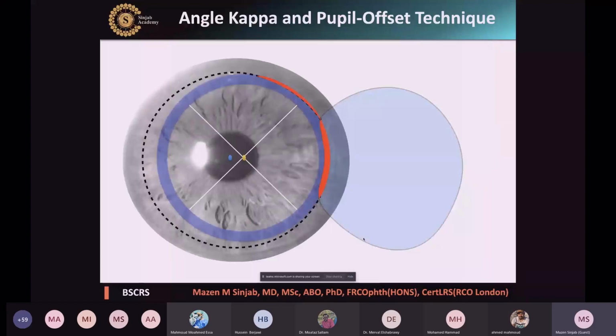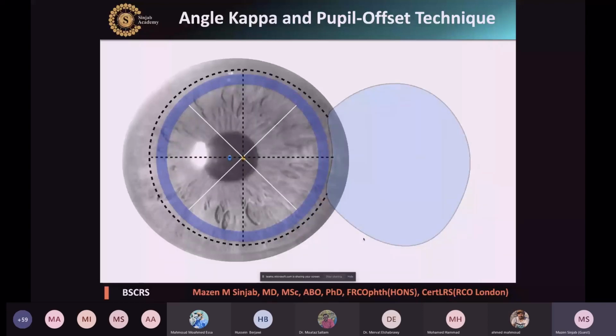Because if we are moving the profile to be centralized with the visual axis, and the flap was not centered with the visual axis, then we are going to hit the hinge, and we may ablate out of the bed, which will cause irregularity and epithelial ingrowth. So we have to consider white to white.